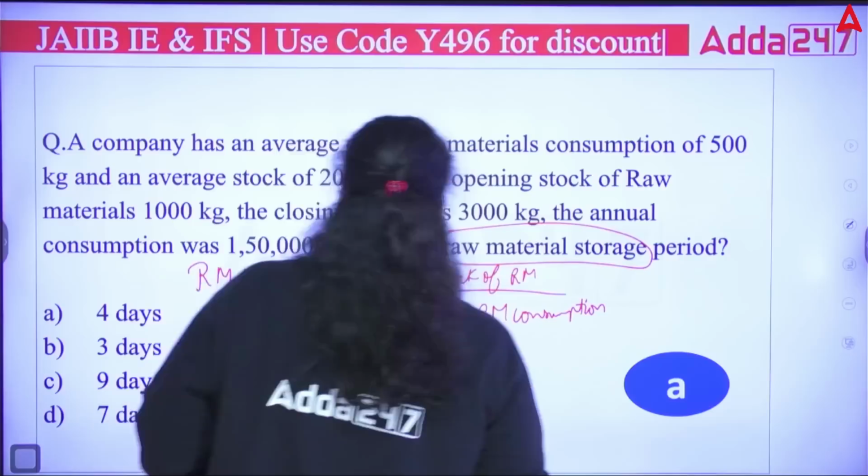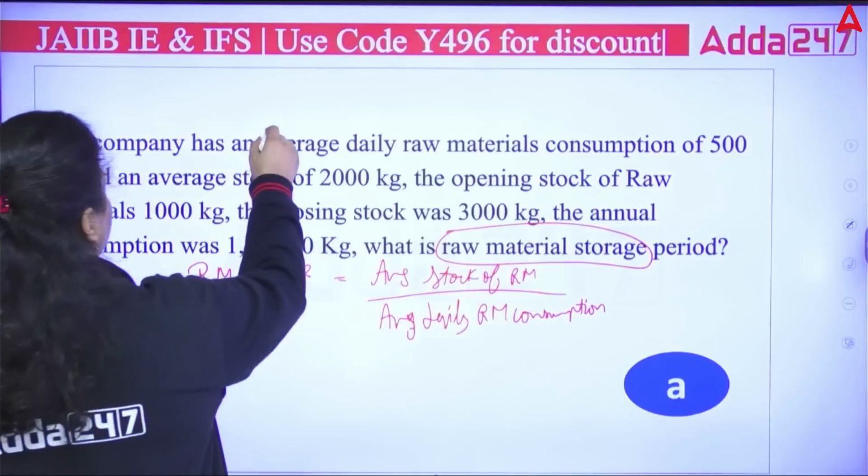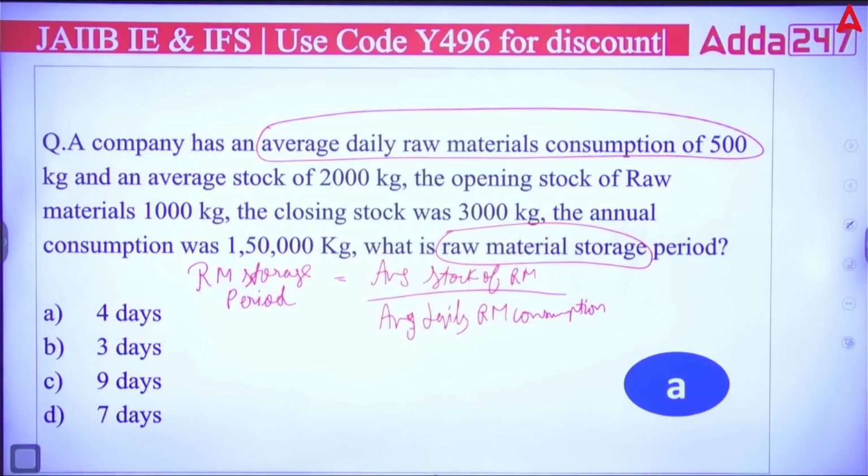These two values are required. The average daily raw material consumption has been given to us, 500 kg, so we do not have to calculate that. Now we have to calculate the average stock of raw material.